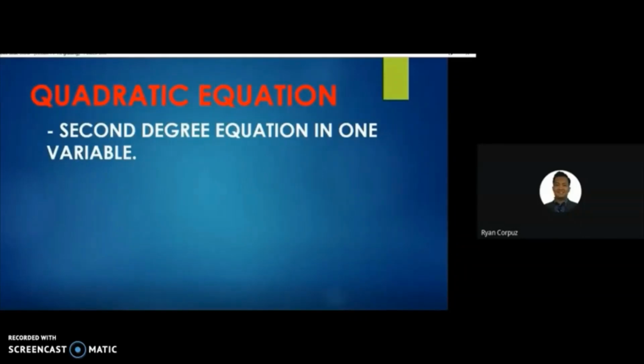So a quadratic equation is a second degree equation, or an equation whose highest exponent is 2, which involves only one variable. So we are only going to focus on quadratic equation involving one variable, because there are also quadratic equations which involve two variables.